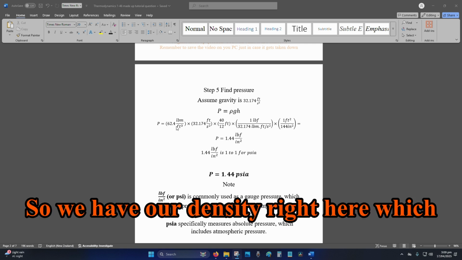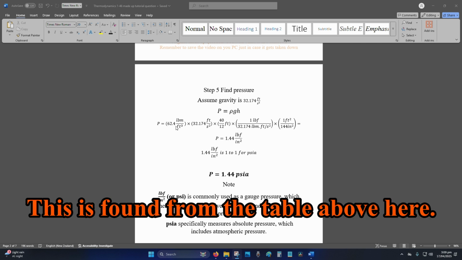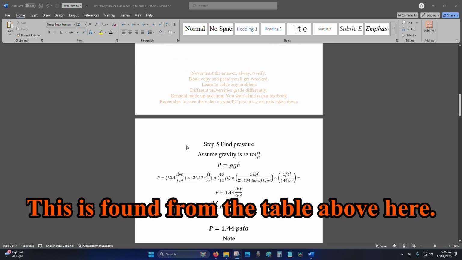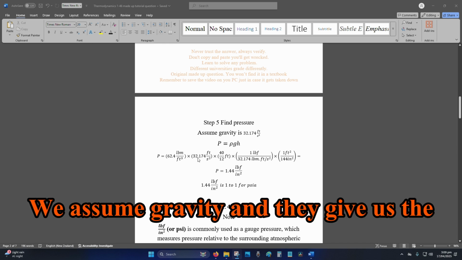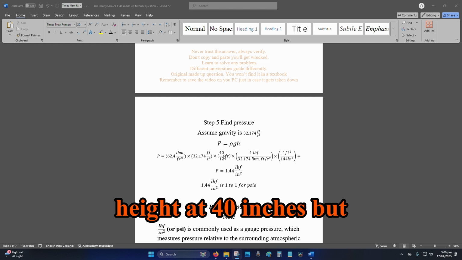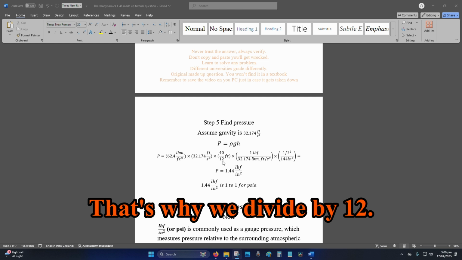So we have our density right here, which is our pound mass per foot cubed. This is found from the table above here. We assume gravity, and they give us the height at 40 inches, but we need to convert it to feet in order to match the units. That's why we divide by 12.